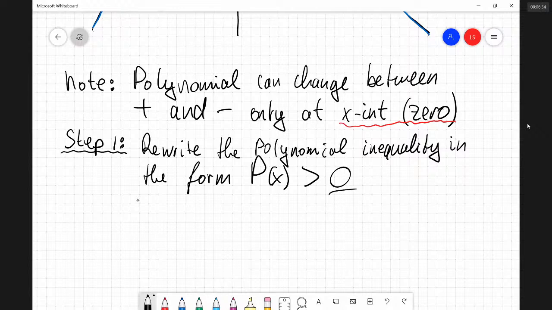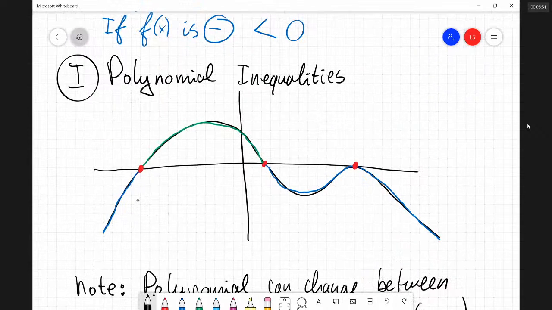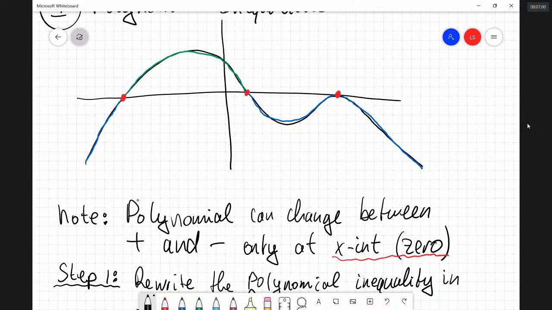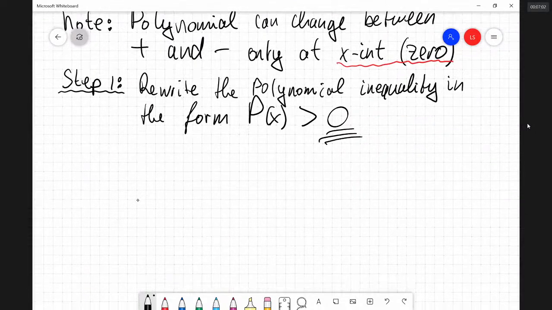But again, the key is that guy, 0 on your right hand side, and whatever is on the left hand side, that will be considered your polynomial function. So you're comparing your polynomial function to 0. That was this discussion here. We want to compare a function to 0 because it's easier. It's not the only way, but it's an easier way. So that will be our step 1.